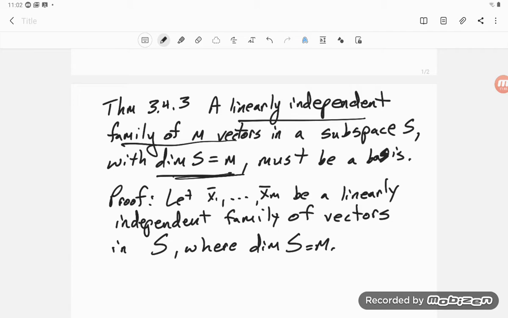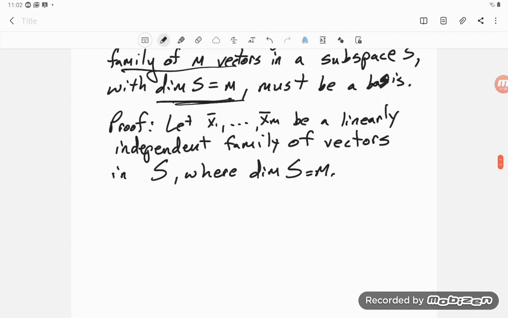And they say, well, we need to show that every vector x in S, so general x's, is a linear combination of x1 to xm.